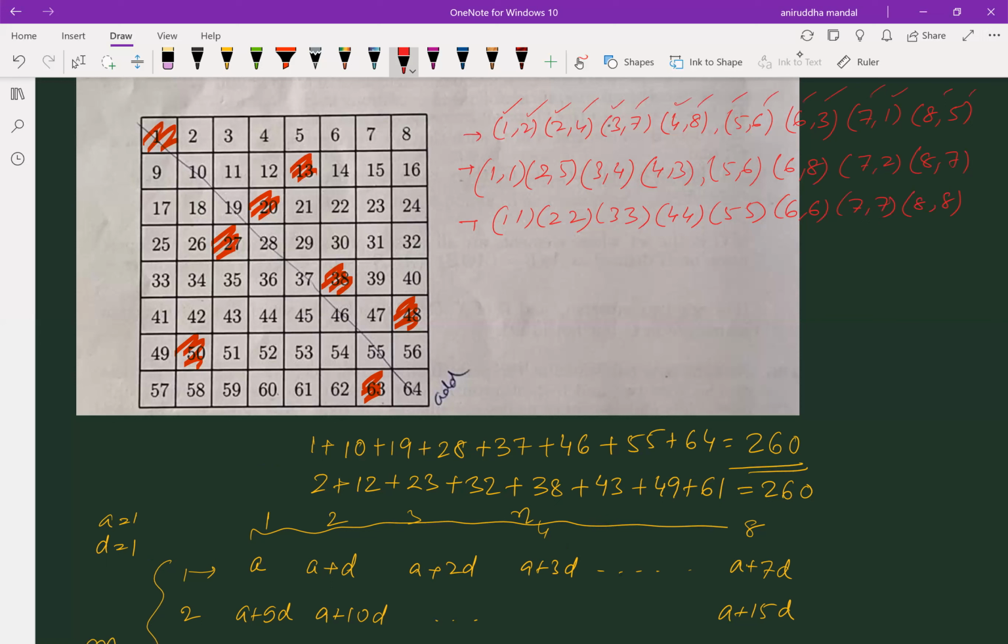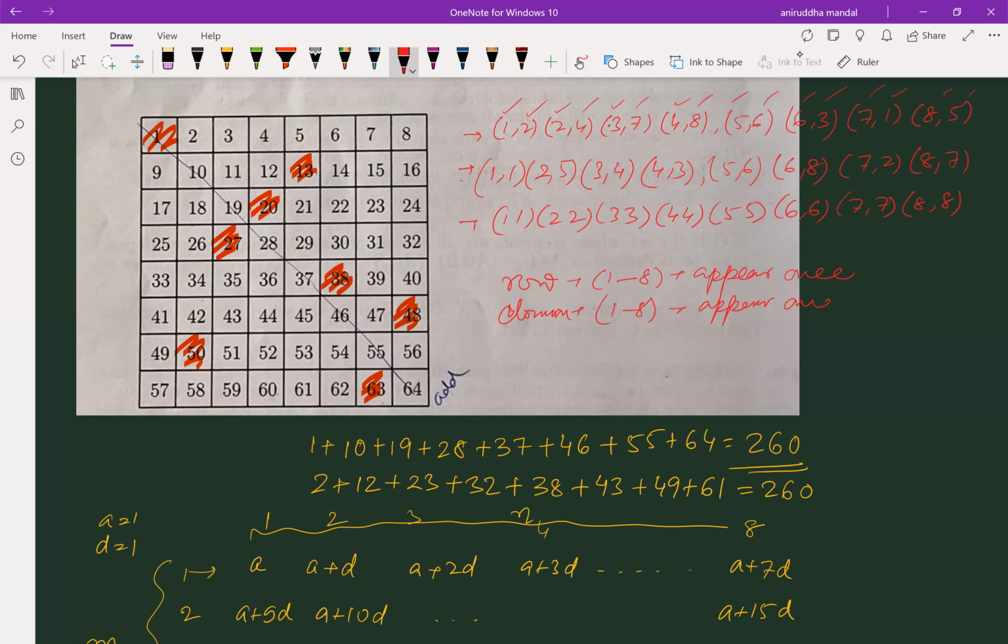Okay, so you can see the complete row from 1 to 8 appears once, and total column 1 to 8 appears once.